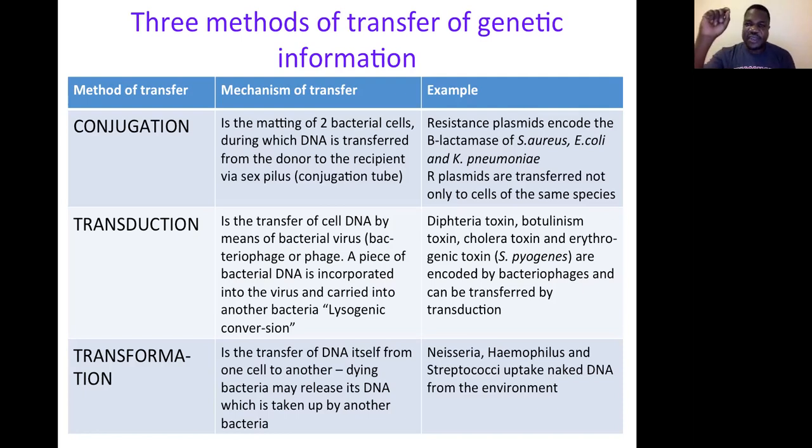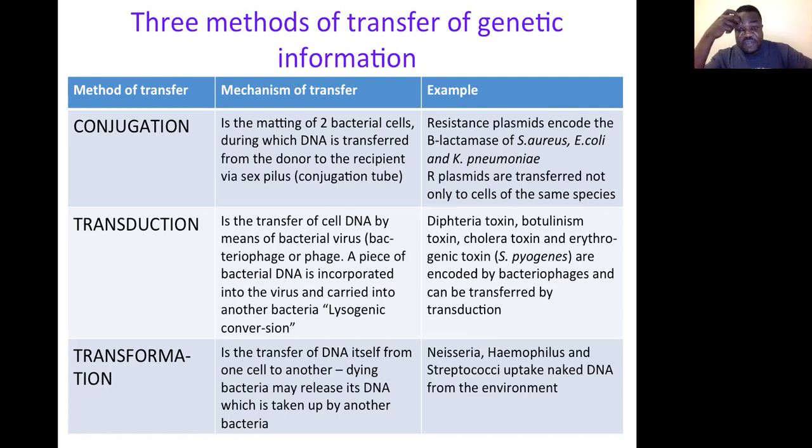The third method of transfer of genetic information is called transformation. Transformation is when the DNA is transferred from one cell into another. So you may have a dying bacteria in the environment; the bacteria is dead, it releases its DNA, and that DNA is taken up, swallowed, by another bacteria.